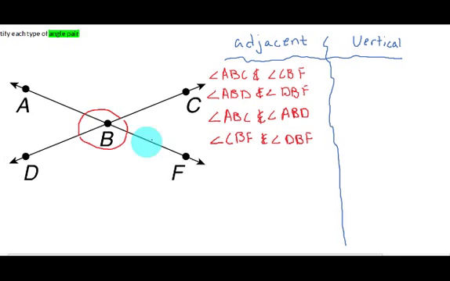Cool. So we've just noted all of the adjacent angles in this figure. Let's go ahead and erase those lines, and we're going to locate all of the vertical angles. So these are angles that are opposite of one another. So I'm going to change that pen, and I can see, well, it looks like angles ABD and angles CBF are opposite of one another.